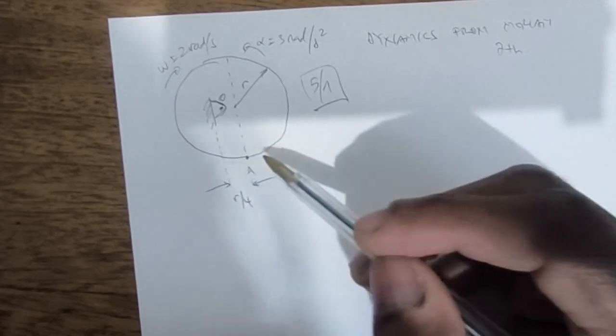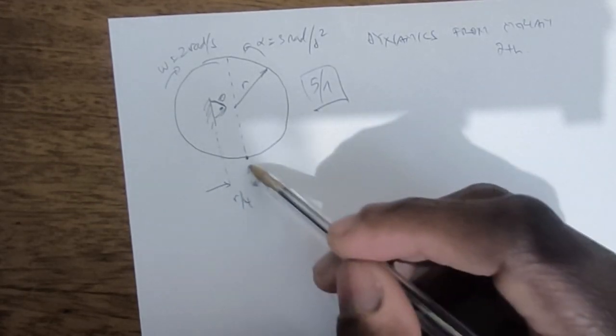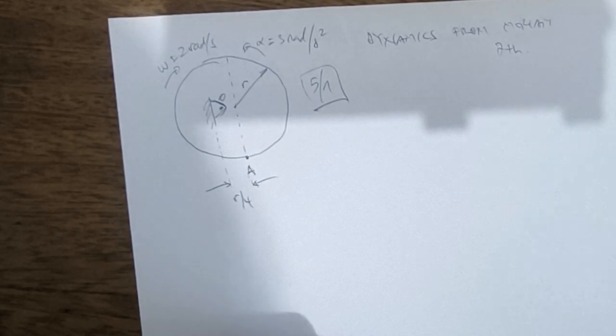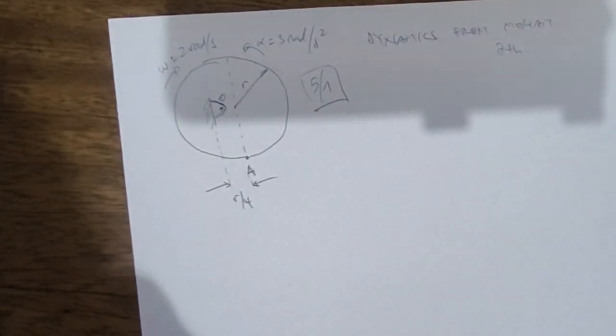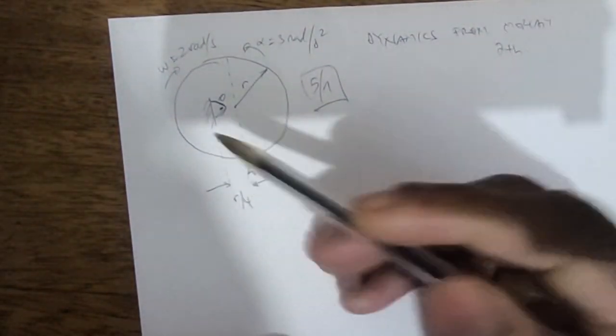We want the instantaneous value of the velocity at A and the acceleration at point A. So let's go for that.